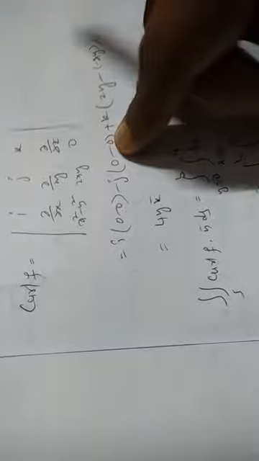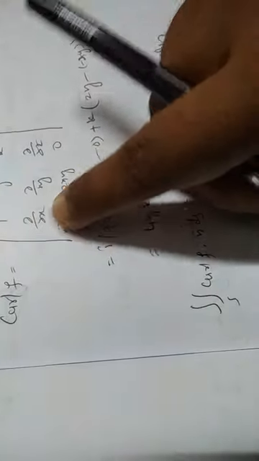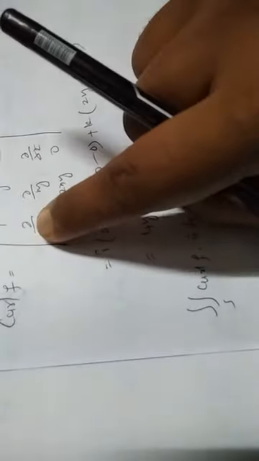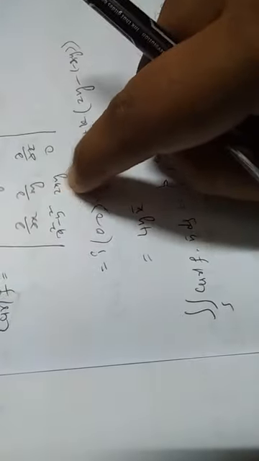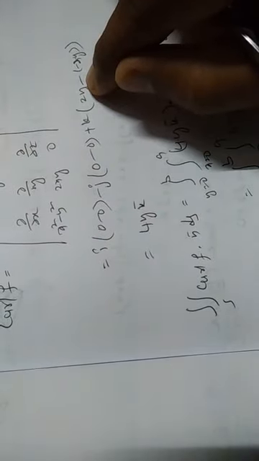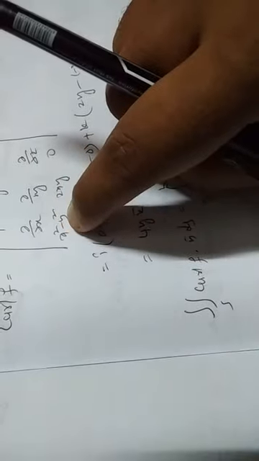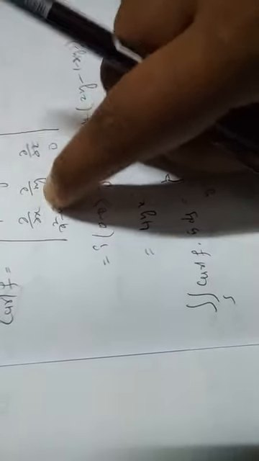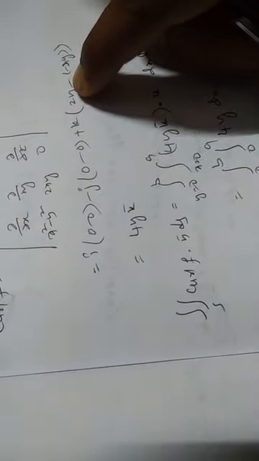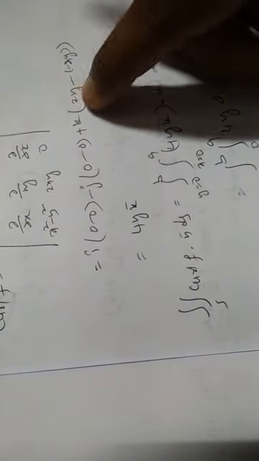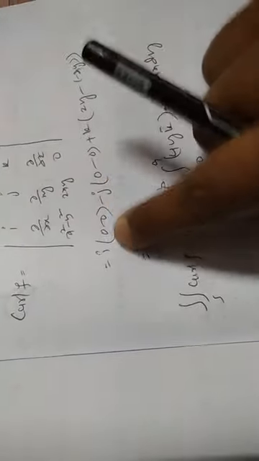Then minus j times (∂/∂x of 0, which is 0, minus ∂/∂z of x² − y², which is 0), plus k times (∂/∂x of 2xy, which is 2y, minus ∂/∂y of x² − y², which is −2y). Minus into minus gives plus, so 2y plus 2y is 4y k, and the i and j components are 0. Now this is curl f.